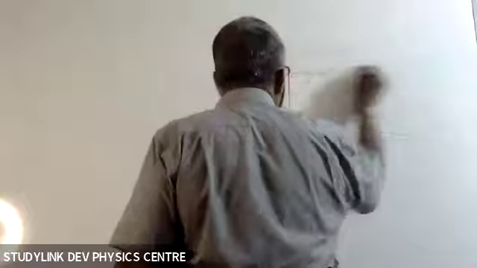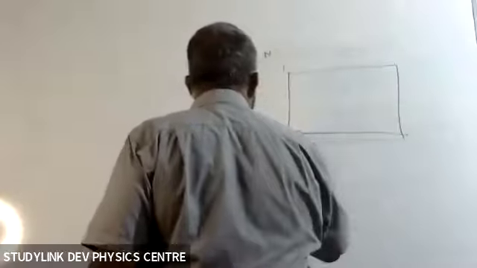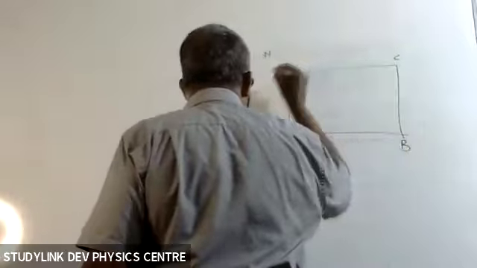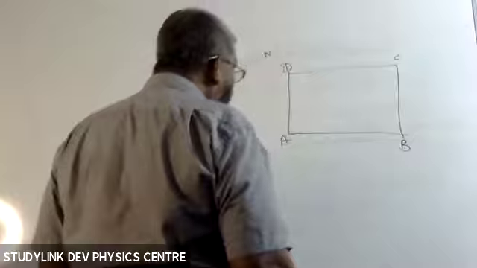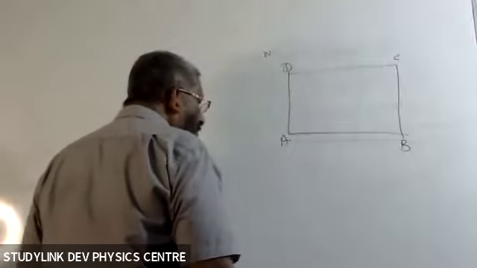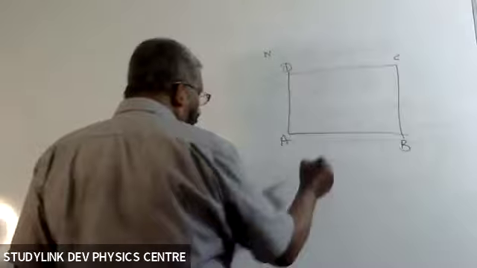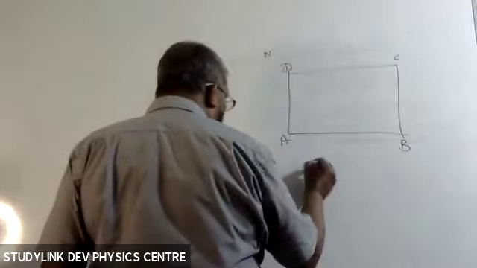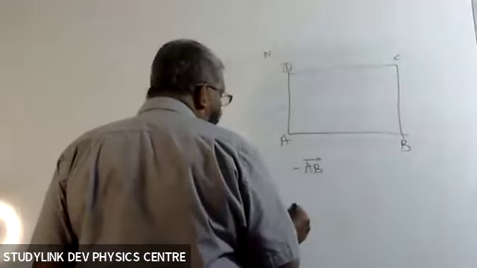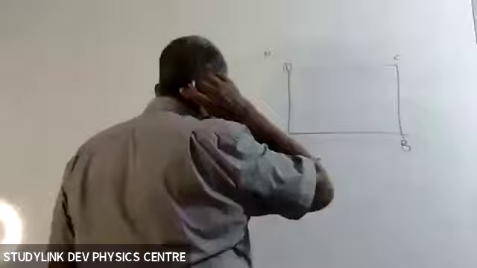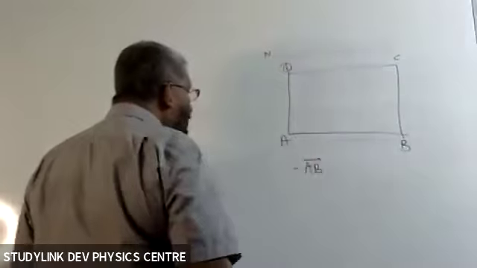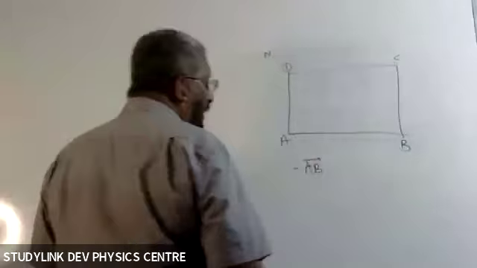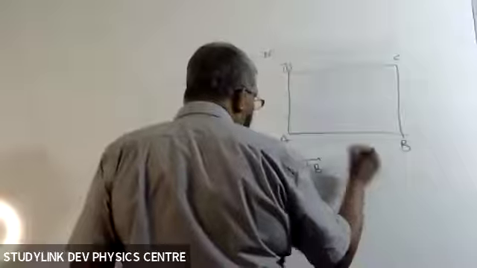Prove that the negative vector of AB is equal to vector CD.